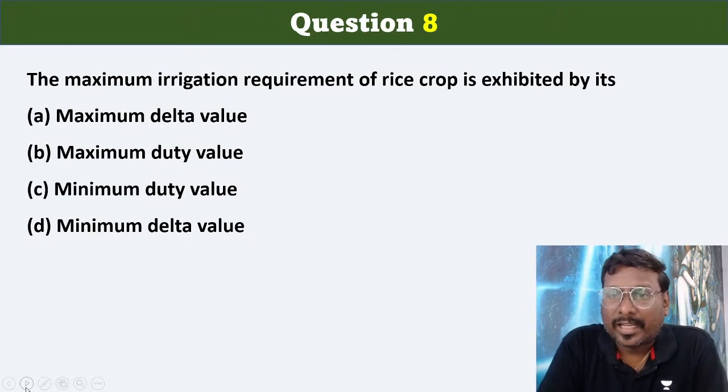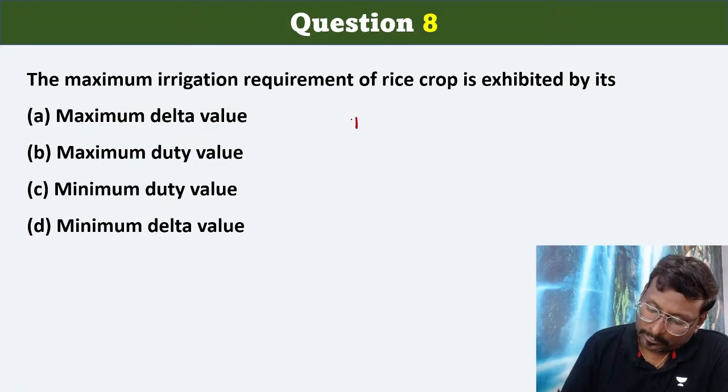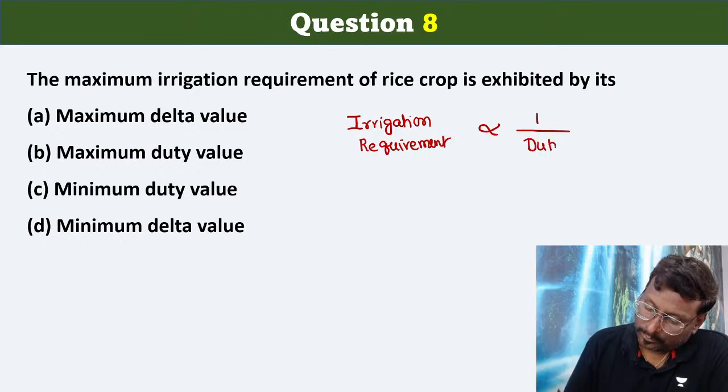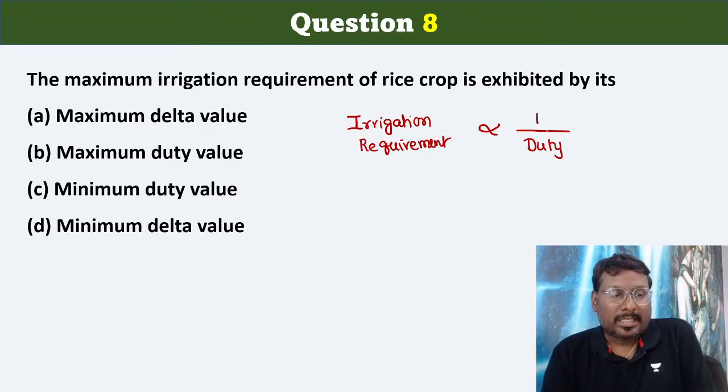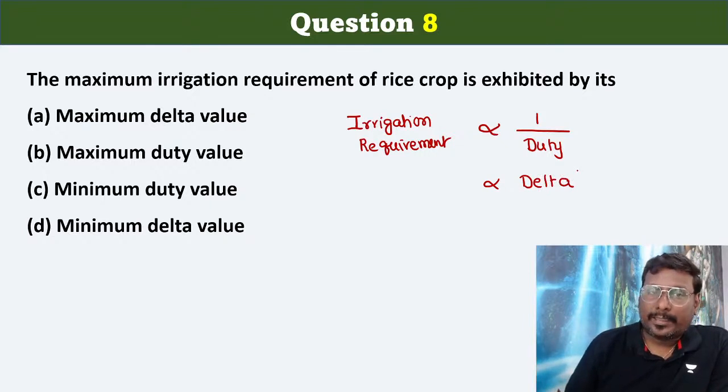Maximum irrigation requirement of rice crop is exhibited by its... Irrigation requirement is inversely proportional to duty, directly proportional to delta.